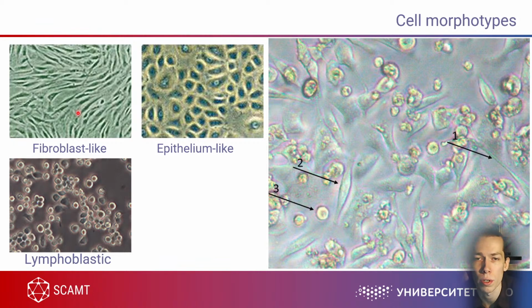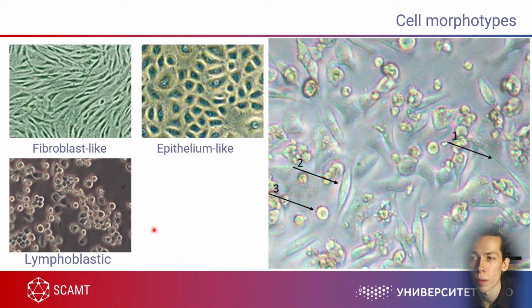They can adhere to each other to form tissues. Some lymphoblastic-looking cells can be in suspension form, so they can be in blood, like leukocytes and red blood cells, so they cannot form tissues. Well, blood is a tissue, obviously, but it's another kind of tissue. It's not a rigid tissue. Some cells can survive without a substrate, some cannot. So they can be adherent cells or suspension cells.